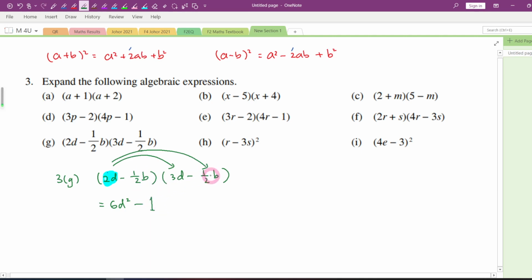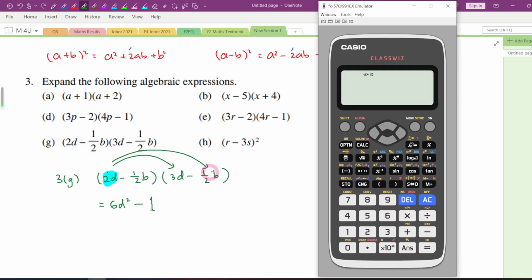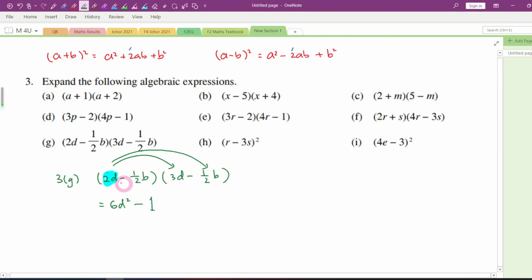So same thing as I told you just now, when you deal with a fraction, if you worry that you will make a mistake when you calculate mentally, you can just press your calculator. You cannot press d and b, we only press the coefficients. So like 2 times 1 over 2, right? You get 1. Okay, so d times b, you get db, but normally we will write it following alphabetical order. b comes first, right?